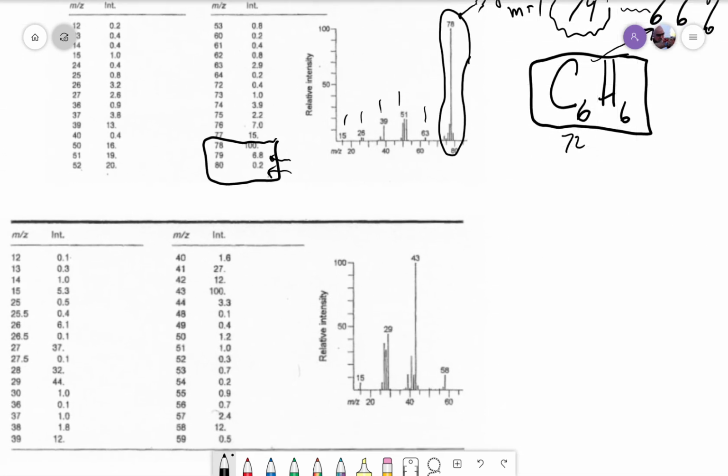We can look at another molecule. Here we have a molecule in which the molecular weight of the entire molecule is probably 58. Notice again, odd fragments predominantly.